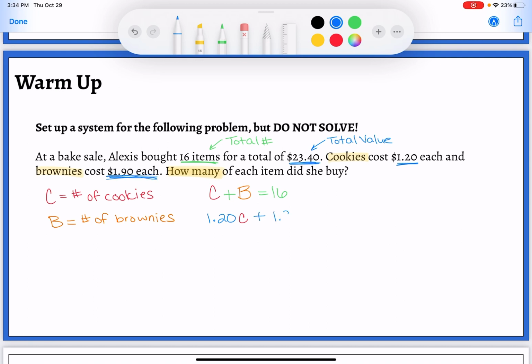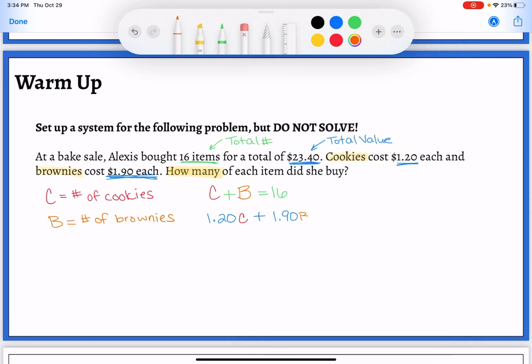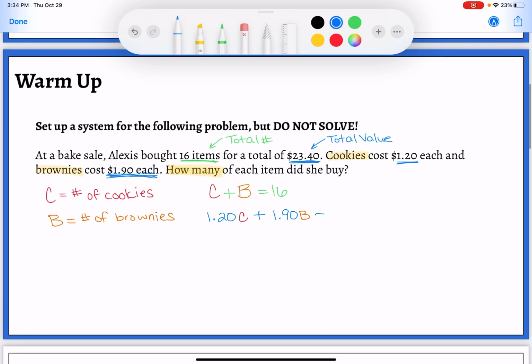So I'll have $1.90 times the number of brownies, B, and total, that is supposed to be $23.40.